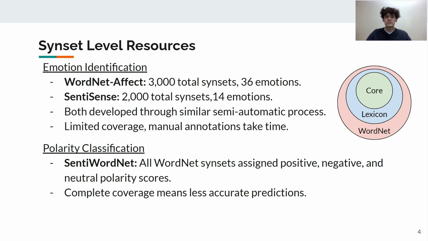So there already exist resources that assign sentiments to synsets. For emotion identification, there exist WordNet Effect and SentiSense, which each contain a few thousand emotional synsets. However, these resources are based on differing emotional inventories that are mutually incompatible with one another, with one using 36 emotions, while another uses only 14 emotions.